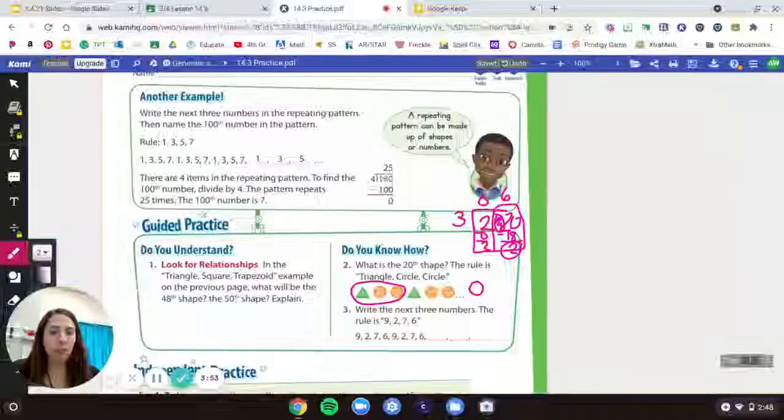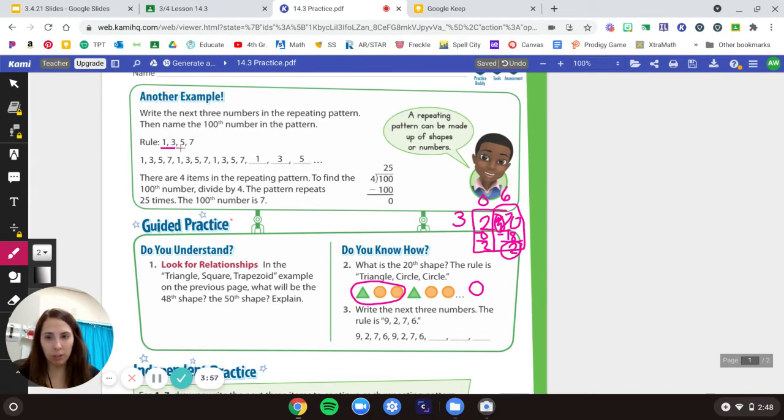If we look up here for this one, we did division with 100 and it had 4 numbers. Well, we knew that could go in 25 times, and we have nothing left over. So we know that for the 100th number, we would count through our pattern 25 times, and we don't have anything left.